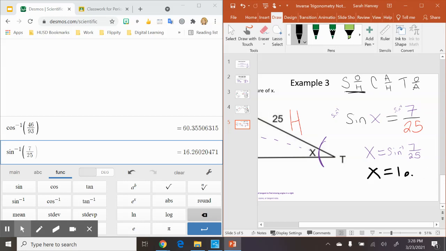Does not like my sixes. Oh, there it goes. And now it wrote 6 again. All right. And so we know we're going to have to round this up because this is a 5 or higher. So it's going to be 16.3.